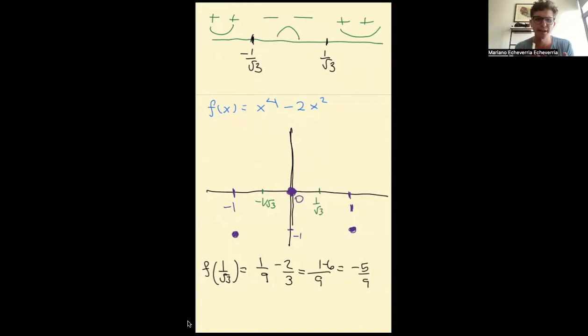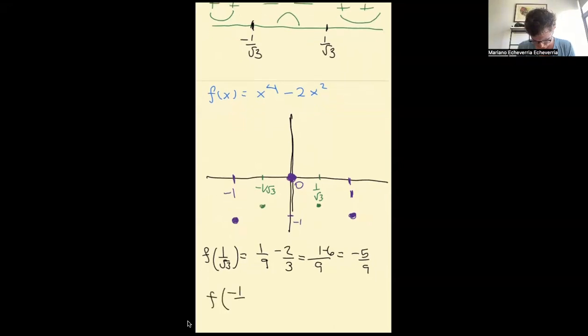It's just to know that it's a negative value and it's between 0 and -1. So you can put it somewhere in here. And the other one is going to be the same value, actually. Is that making sense? So far, so good?